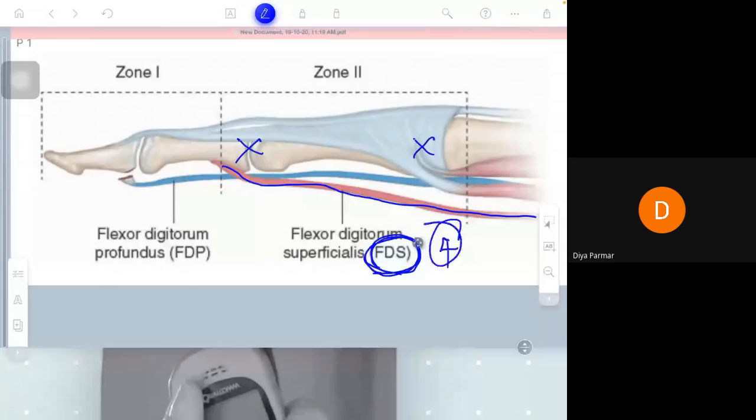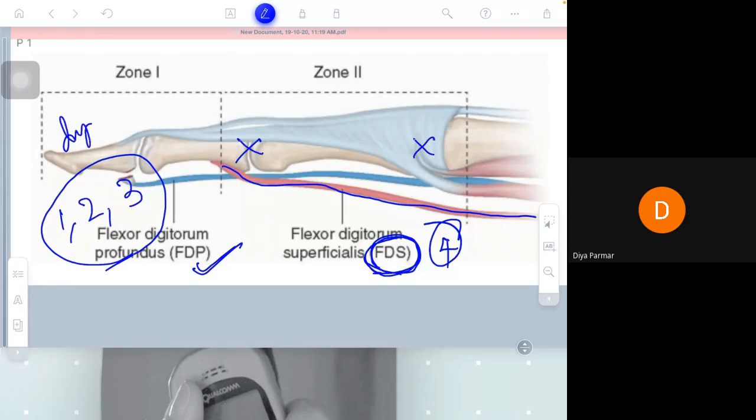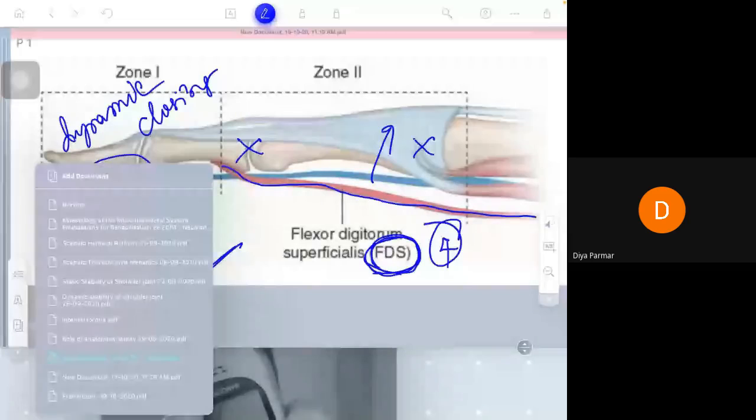Normally in phases 1, 2 and 3, FDP comes into role. That is the dynamic phase, dynamic closing. But FDS is used once the object is grasped, if additional intensity is required, then FDS plays a role.